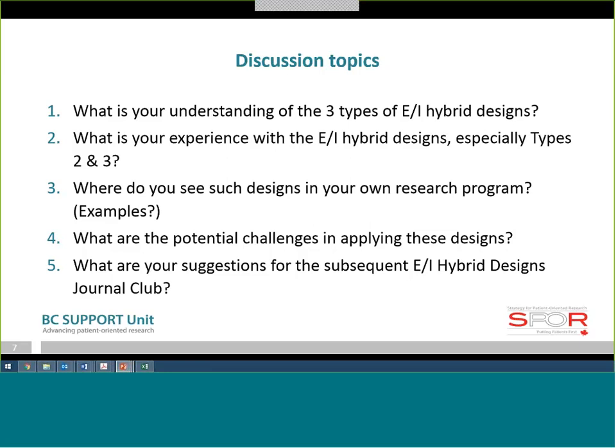And of course, I would also like to think through the potential challenges of applying these types of designs, especially, again, type 2 and type 3. I think we probably have varying experiences with type 1 as well, especially people who do mixed qualitative and quantitative research in testing interventions.